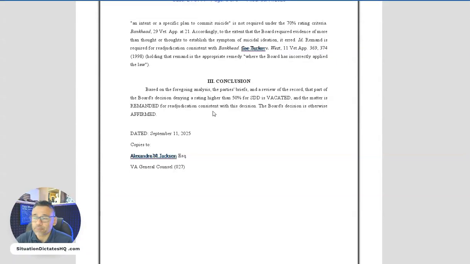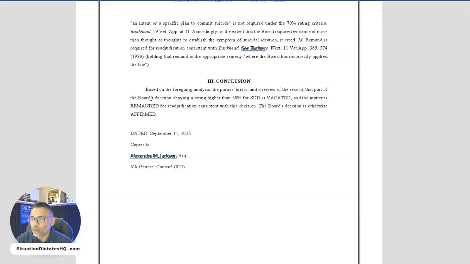So here's the thing that I want to share with you. You could be reading something like this for the very first time. But if for some reason something just does not make absolute sense, for example, this conclusion, you could be like, what does that mean? Does that mean that it's approved, or does that mean that he's going to get a higher rating?